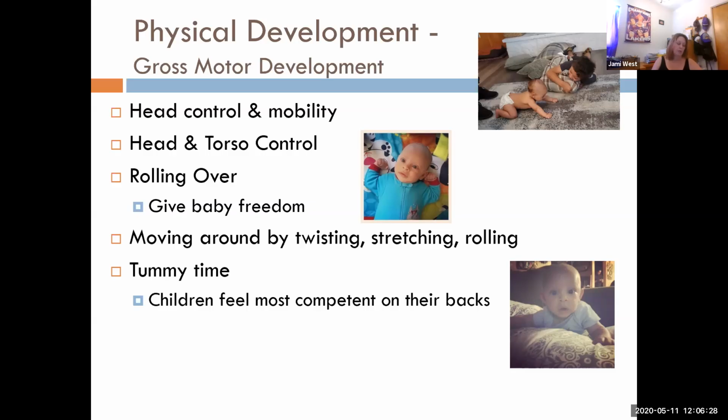Right after head and torso control, they start to learn how to roll over, okay? We should be putting infants on their back, not on their stomach, okay? Children should not start off being put on their stomach. That is an unnatural position, and they have very little mobility when you put them on their stomach, okay?